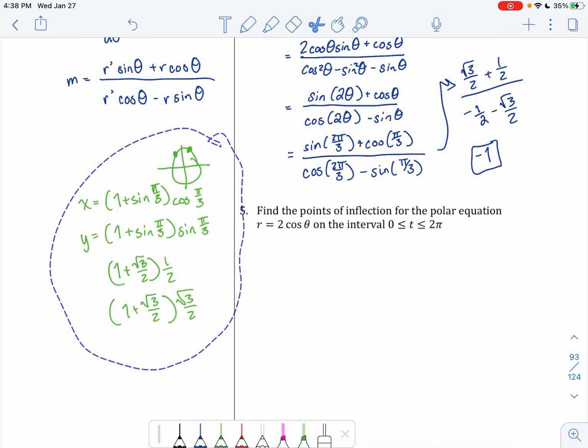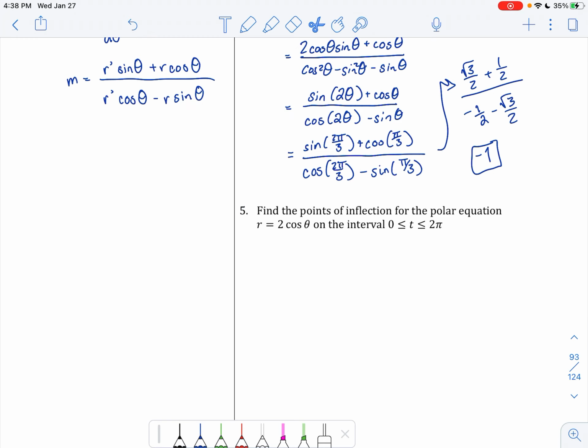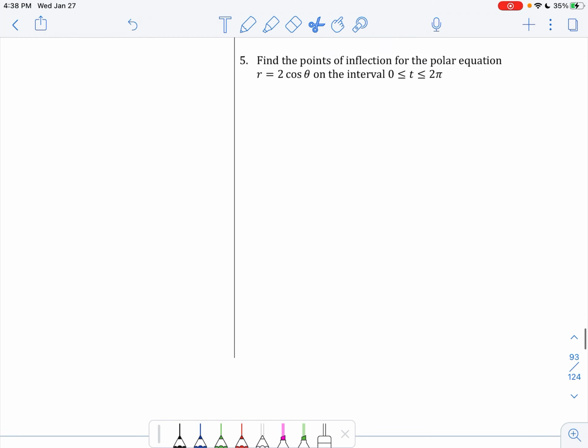For number 5, I'm going to cut this because I want to add in a note there, so if you don't have those written down, please do. Now for number 5, find the points of inflection. Now if you remember from before with parametric, our second derivative is equal to, in this case, d theta of our first derivative, all divided by our x derivative again.